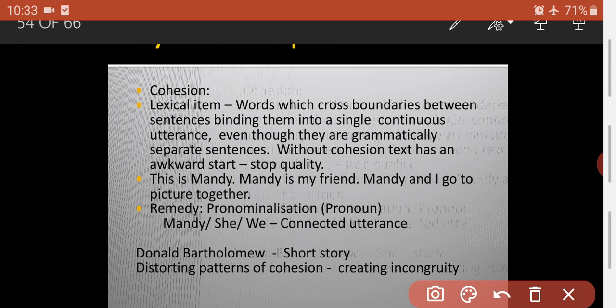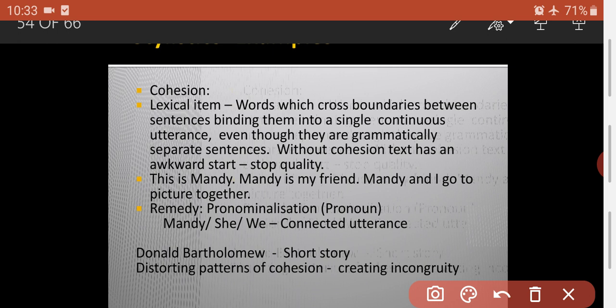Now the remedy to remove this awkwardness would be pronominalization. Pronominalization simply means adding pronouns or substituting certain words with pronouns. So Mandy can be substituted in the next sentence with she, and with we if we are talking about a collective pronoun.